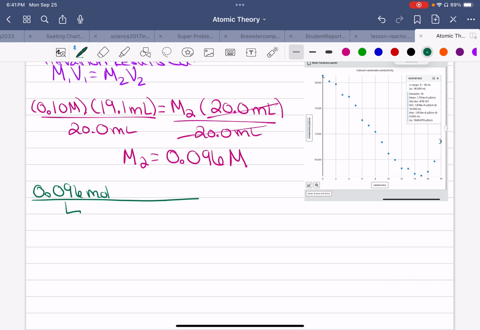And we're now going to convert that over. So 1 mole of calcium is equal to 40.08 grams of calcium. And I get 3.85 grams of calcium.